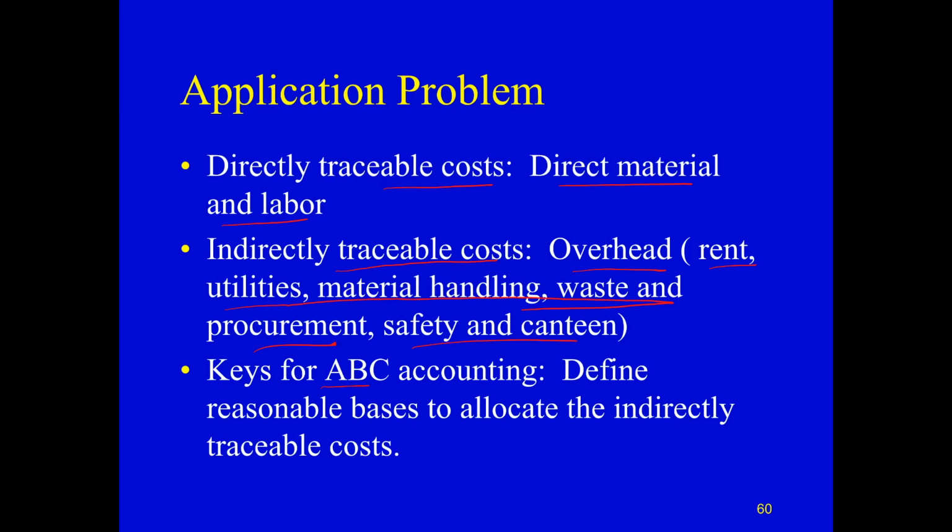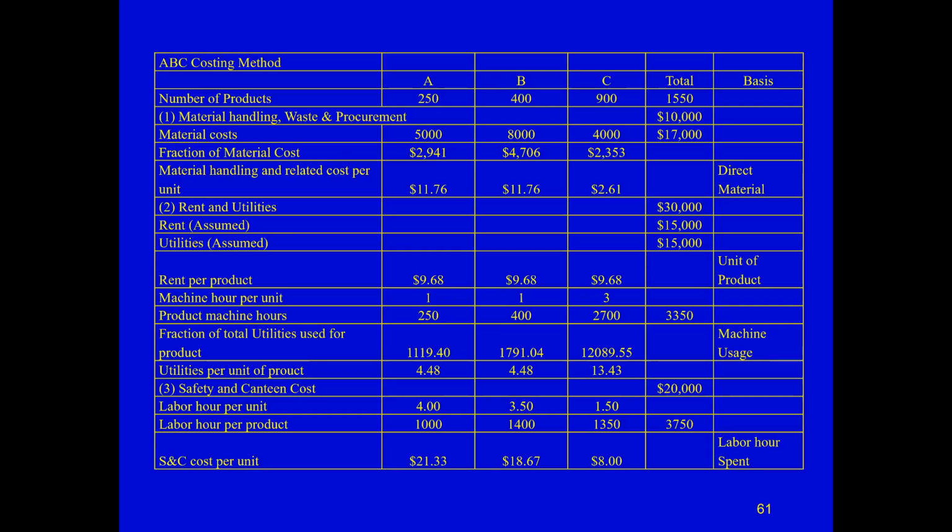For each activity, we define the cost driver, the basis to allocate the indirectly traceable cost, and then we allocate to the products. So here we have the table, and we will go through this table in a minute.